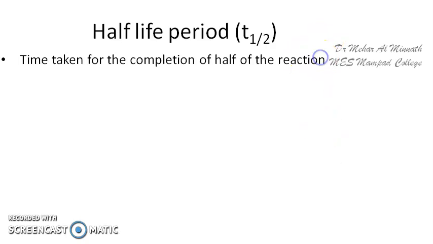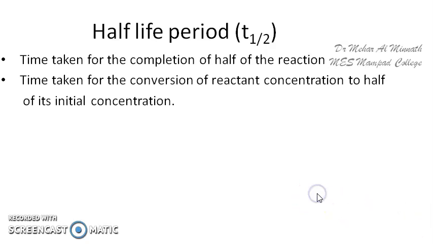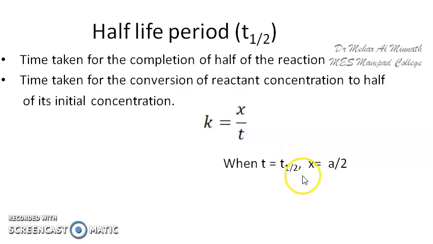T half is nothing but the time taken for the completion of half of the reaction, or the time taken for the conversion of reactant to half of its initial concentration. And hence, now we have the integrated rate equation k equal to x by t, and when t is equal to T half, x will be equal to a by 2, where a is the initial concentration and x is the concentration of the product.